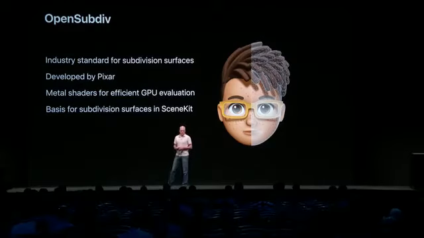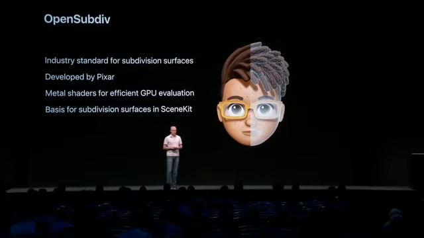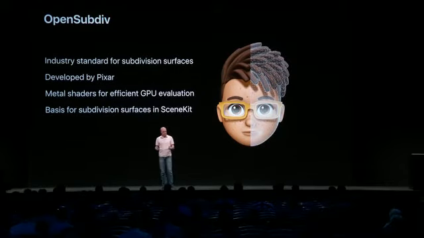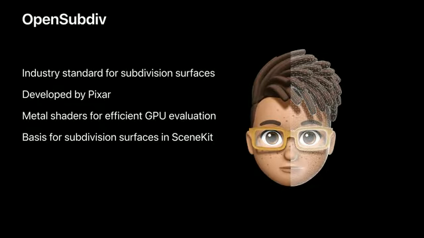The industry standard for subdivision surfaces is OpenSubdiv, and it is also developed by Pixar. We have been working closely with Pixar to provide Metal shaders that work optimally on our platforms, so the GPU evaluation is as fast as possible. And OpenSubdiv is the basis for subdivision surfaces in SceneKit.